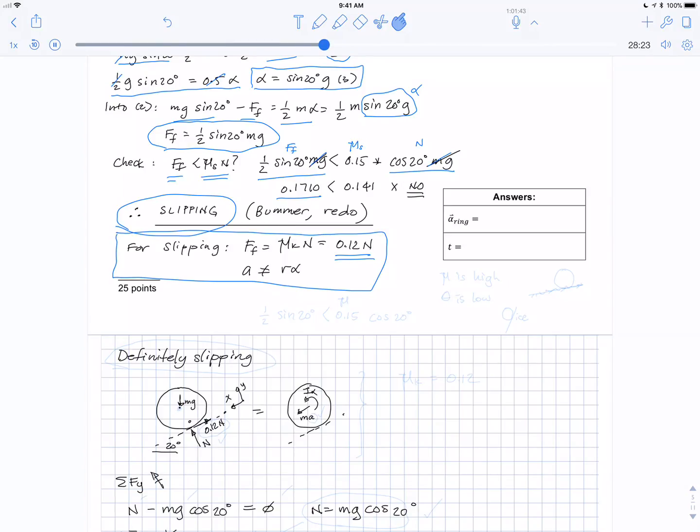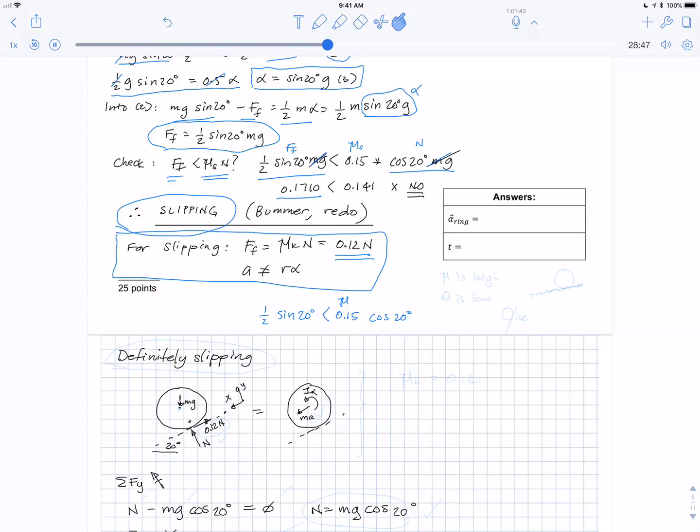So if it's not slipping, let me write this thing out again. We have 1/2 sine 20 degrees is less than 0.15 cosine 20 degrees, where that was mu.